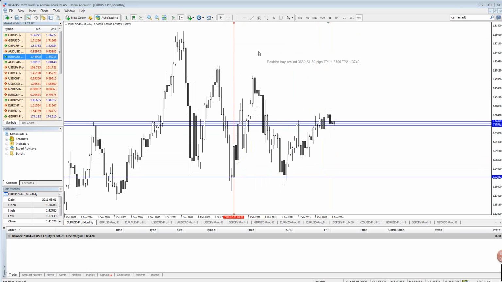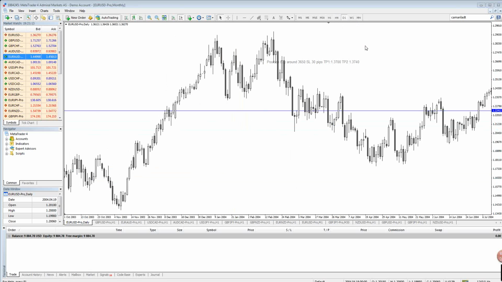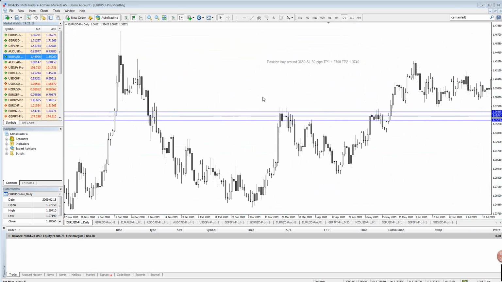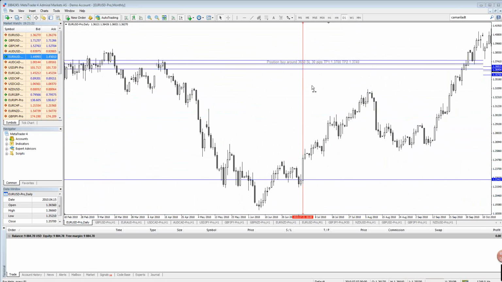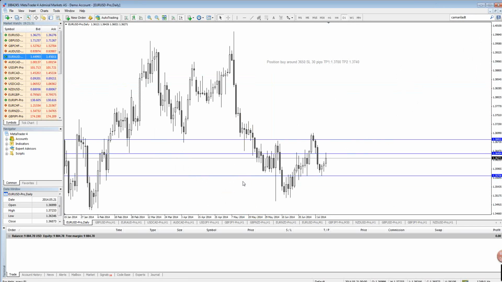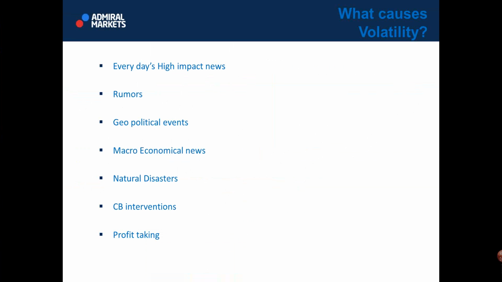If you zoom in at this particular time, you can see that the daily range was also huge, and that was caused by central bank interventions. Look at the daily candle. Bang! That's strictly a sign of central bank interventions. And those kinds of things will usually happen when a country wants to strengthen or maybe lower the power of their currency.